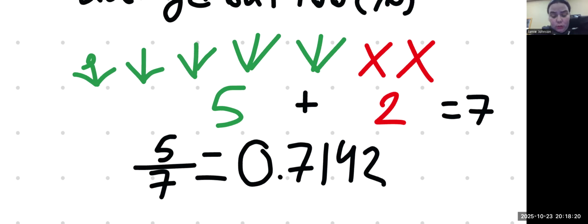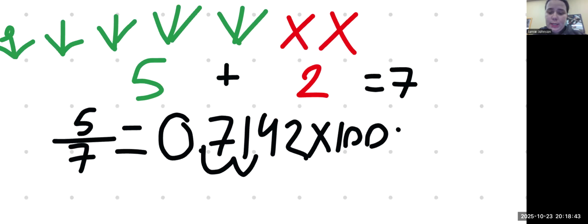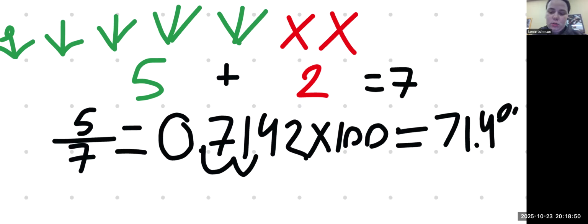So we have fraction, we have decimal, and we need to go to percent. How do we go to percent? We multiply this number by 100. That moves the decimal place 2 places. And so our percent is 71.4% germination. Ta-da! Look, we did it.